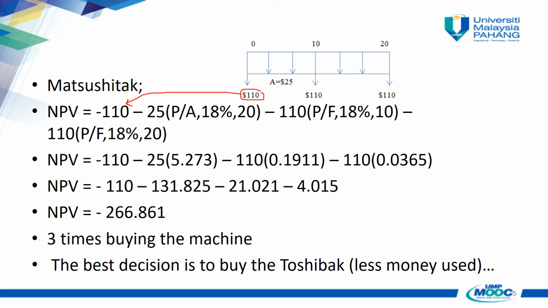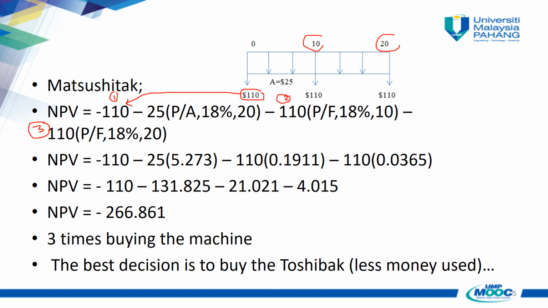But in our case there, because we buy machinery 3 times, this is the first buying, and then this is the second buying, and then this is the third buying. Why third time buying? Because our machinery can be used up until 10 years. But we want to use this machinery for 20 years.